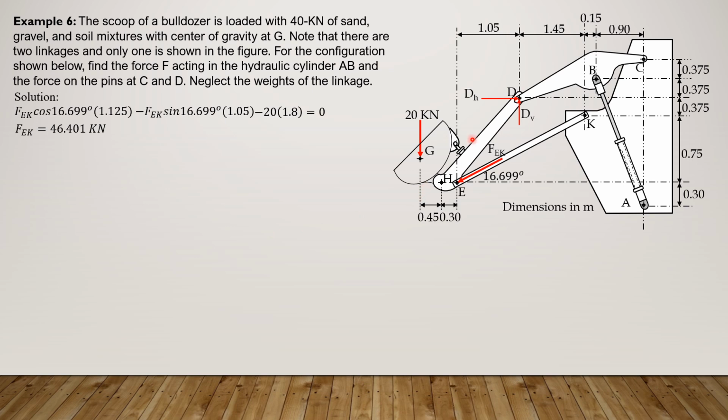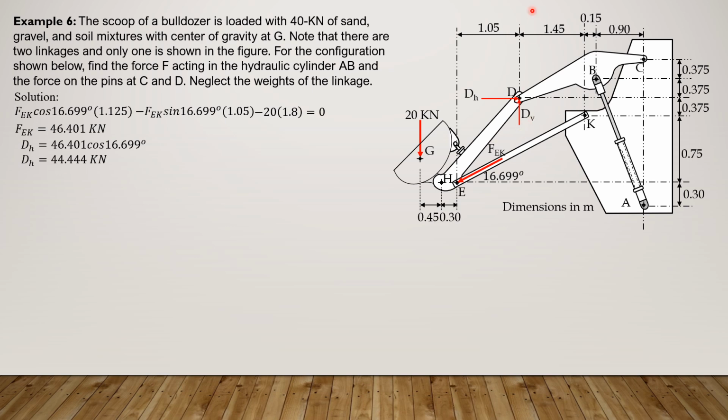Then we can now compute DH and DV for this member here. DH: summation of forces in X equals 0. So DH is FEK cosine 16.699. So 46.401 cosine of 16.699 is equal to DH. So DH is equal to 44.444 kilonewtons.